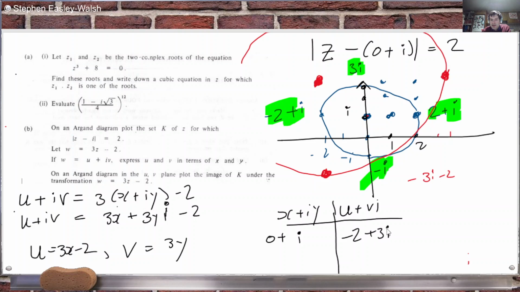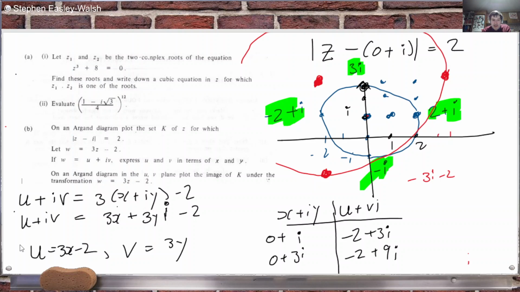And that's exactly what I said. If you take, say, the point on the top, which I haven't done yet, that's 0 plus 3i. So the u is 3 times 0 minus 2, so that's minus 2, and the v is 3y, so that's 9i there. So that point there moved way up to 9i, which is off my graph then.